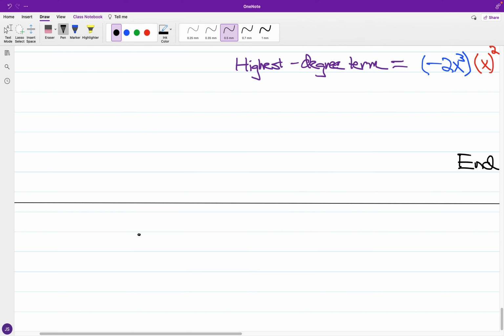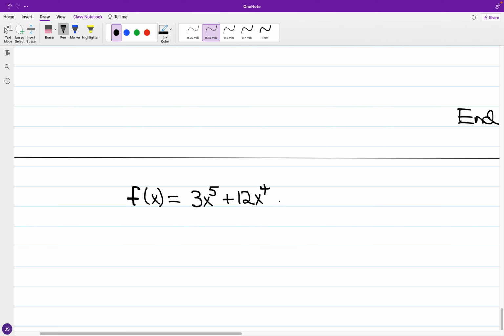And we'll start off with something in expanded form. So I'll say that I have f of x equal to 3x to the 5th plus 12x to the 4th minus 15x cubed.